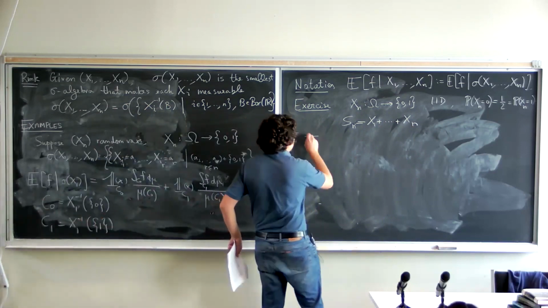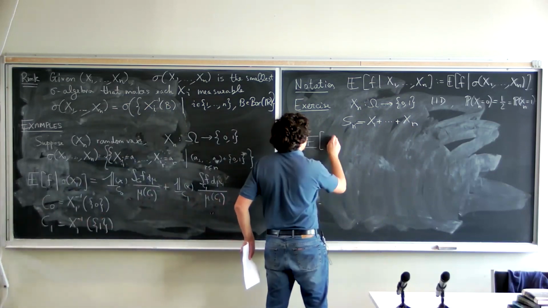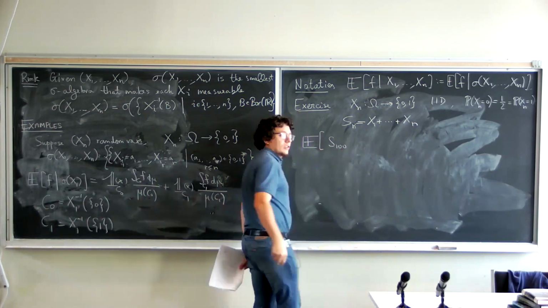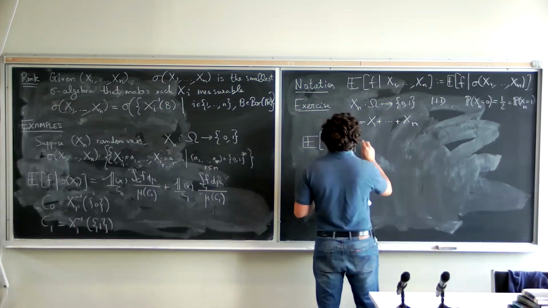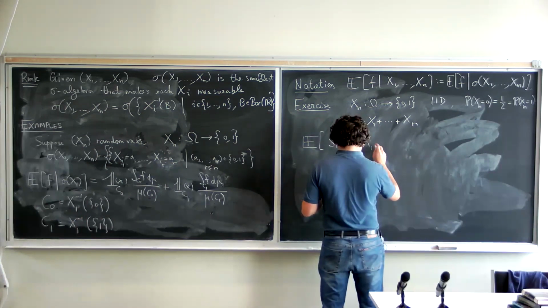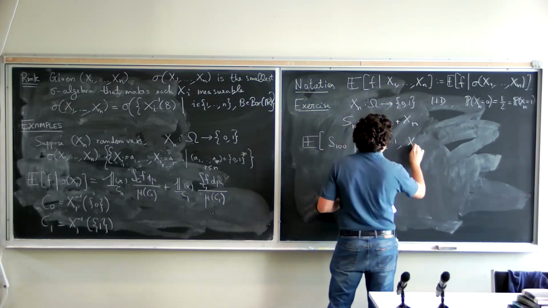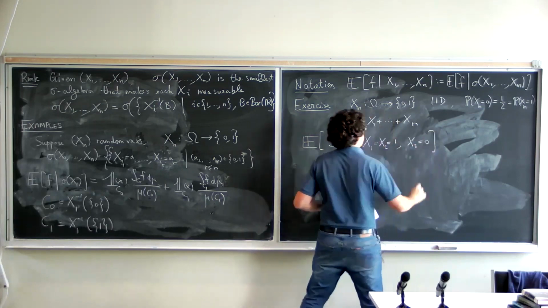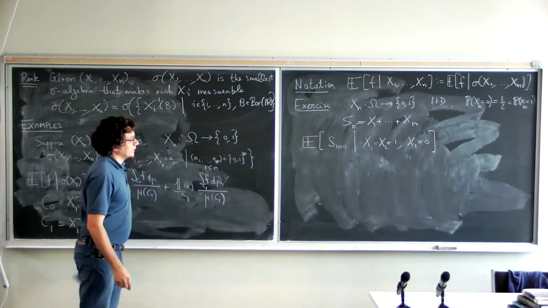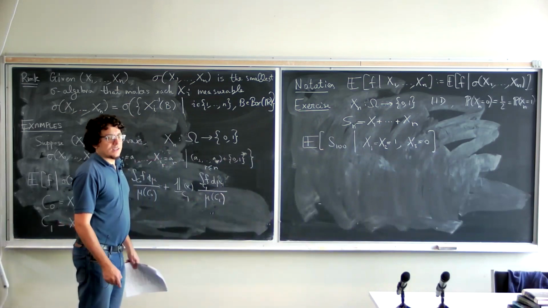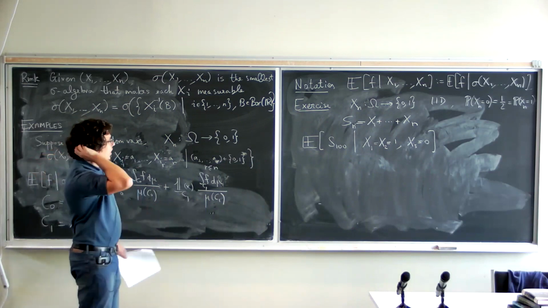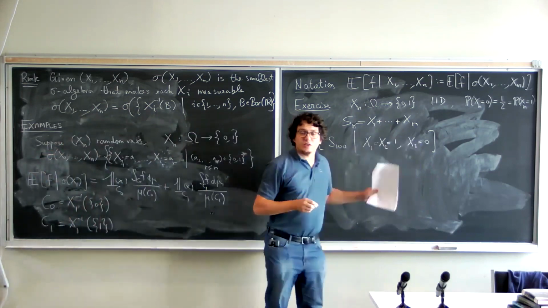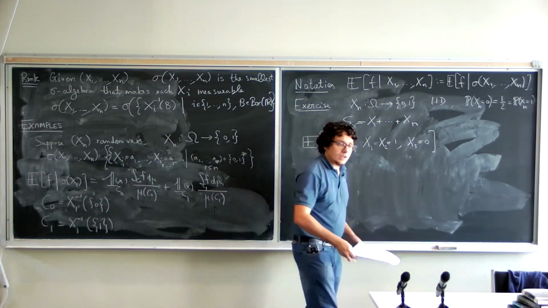So what's the conditional expectation of S100 given that x1 equals x2 equals 1 and x3 equals 0? Suppose I tell you already the outcome of the first three variables.